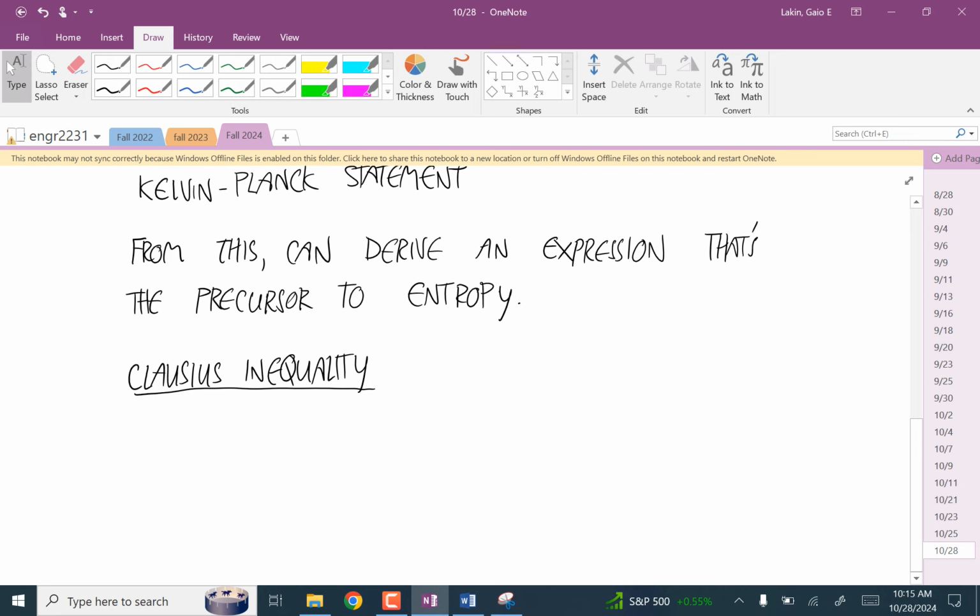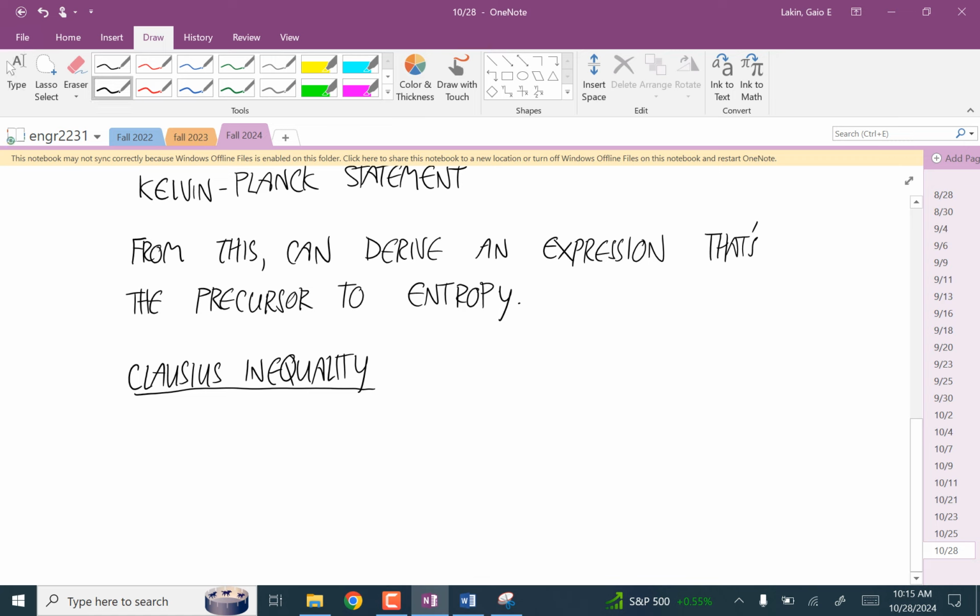This statement is that entropy is always increasing, right? Not yet, because we don't even know what entropy is yet. We haven't defined it yet. This Clausius inequality gives you a clue as to why we're going to define entropy the way we are.